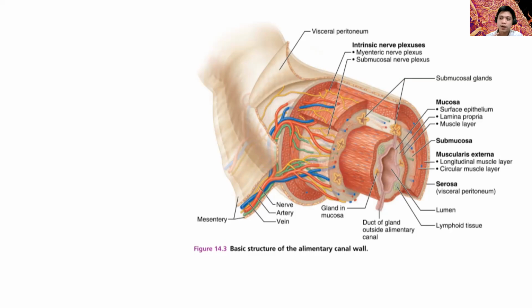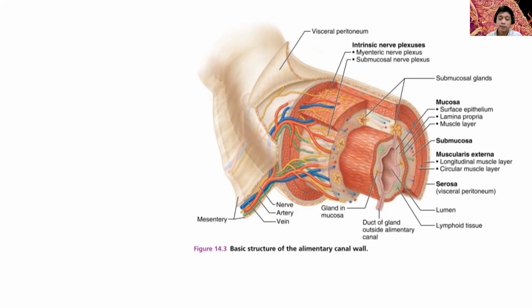Okay, so siya yung parang anchor. The mesentery will anchor the abdominal viscera, no? The stomach and the small intestines and the large intestines onto the side walls of your abdomen. So because of that, we have structural support for the viscera.